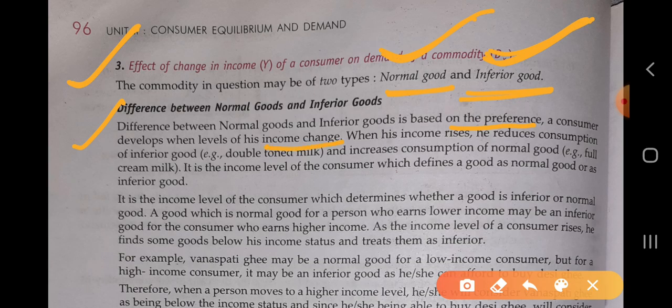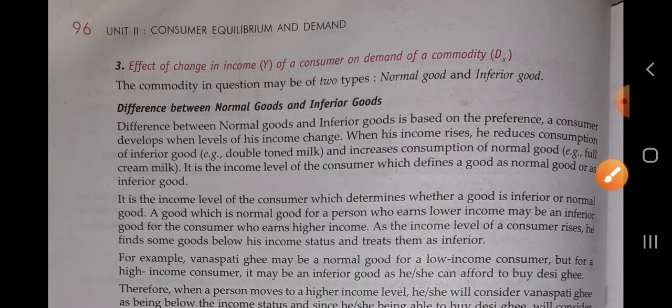When his income rises, he reduces consumption of the inferior goods, double toned milk, and increases consumption of the normal goods, full cream milk. It is the income level of the consumer which determines whether a good is inferior or normal good.